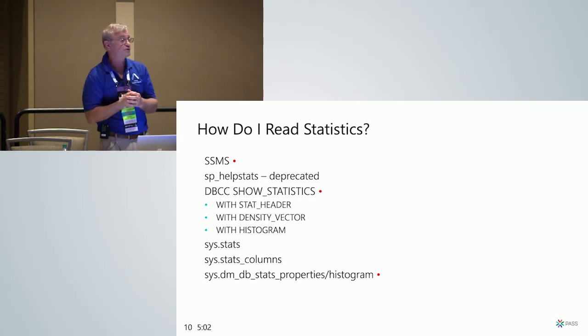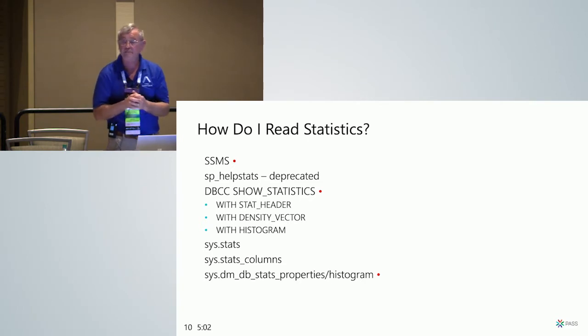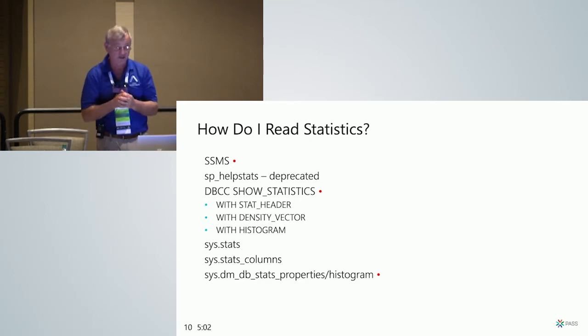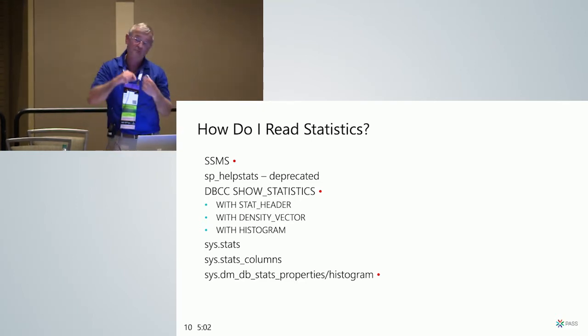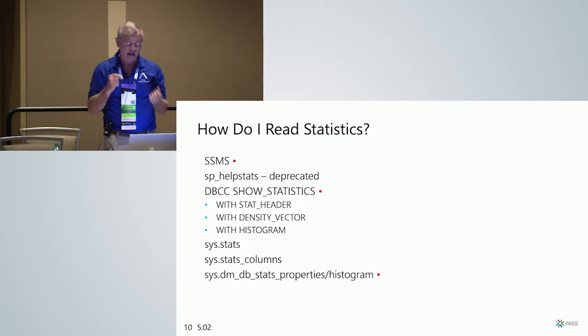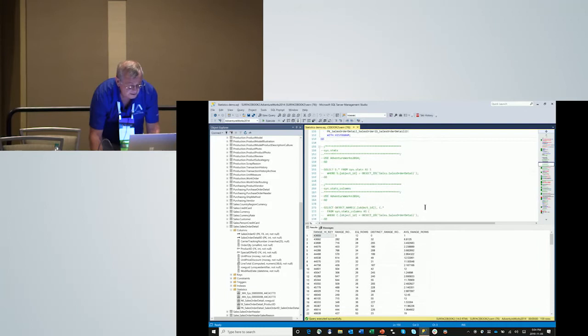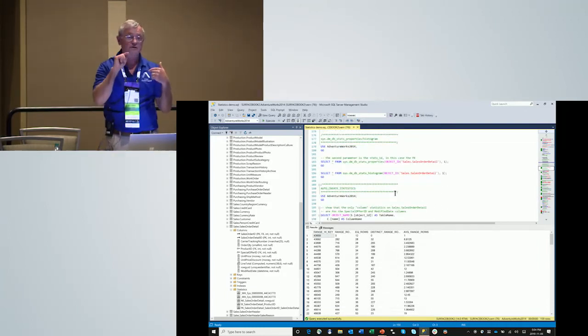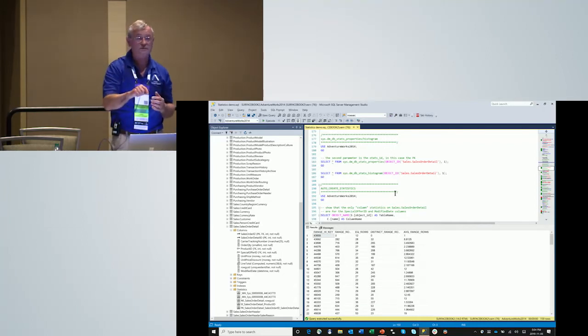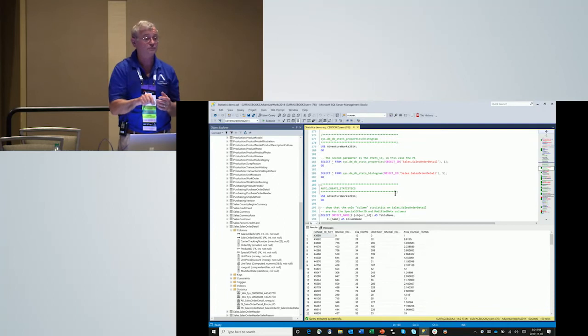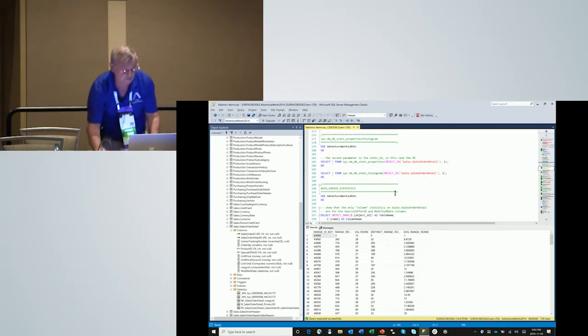The preferred way to read statistics is with a dynamic management function, sys.dm_db_stats_properties and sys.dm_db_stats_histogram. The properties give you the header information, and the histogram gives you, as you might guess, the histogram. By the way, the demo script and all of the slide decks I believe are online now for download. There's also one other stored procedure, and it should also be available. I'll get to that towards the end of the session.